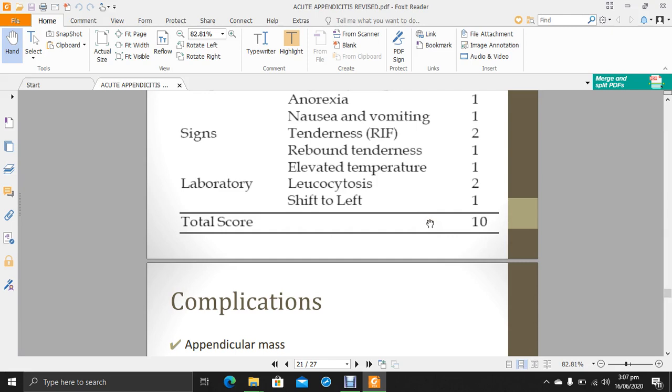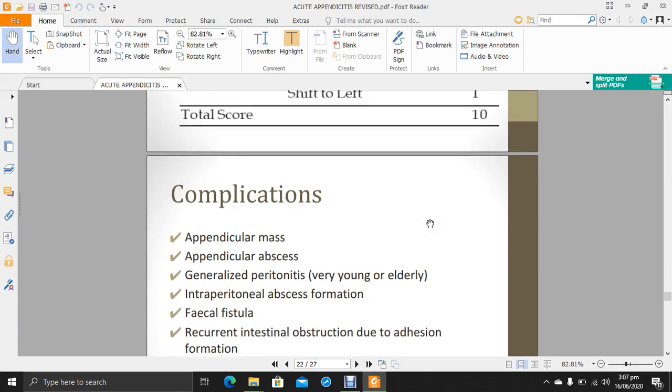If it is from 5 to 7, there is suspicion of acute appendicitis, and you rely on your clinical experience. And if it is more than 7, it is clear that this is acute appendicitis, you should not wait. You should proceed for surgery to do an appendectomy.